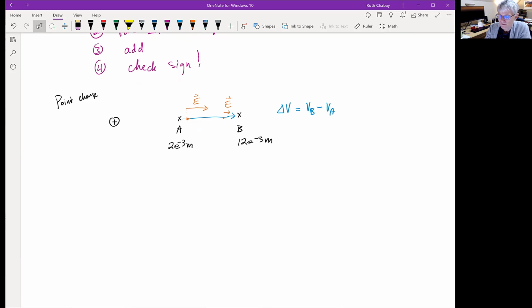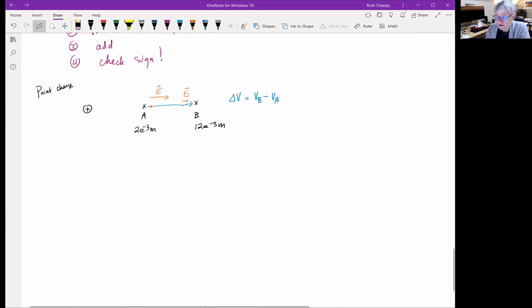So to get this potential difference, what we need to do is indeed to give ourselves a coordinate system. And we're going to need to divide this path up into lots of little pieces. So for now, let's call this location R sub A, X sub A. Excuse me, and this is X sub B. So those are the locations of those points.